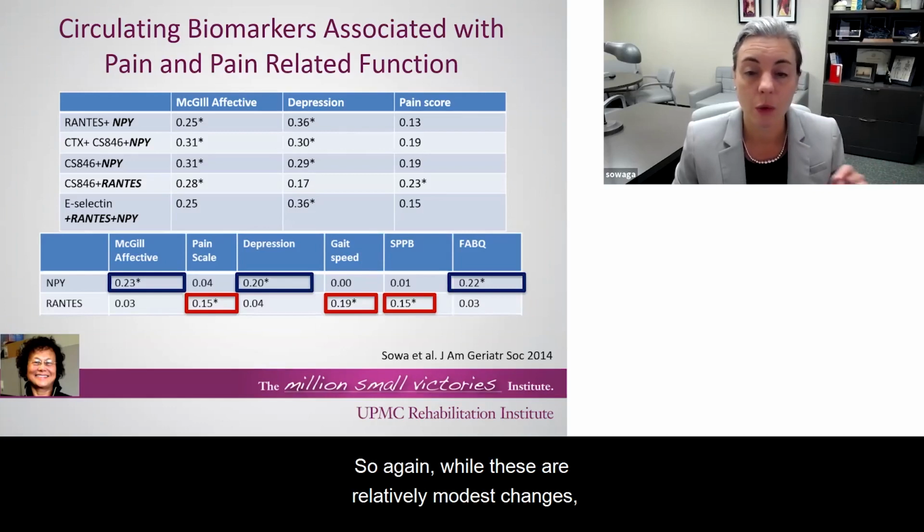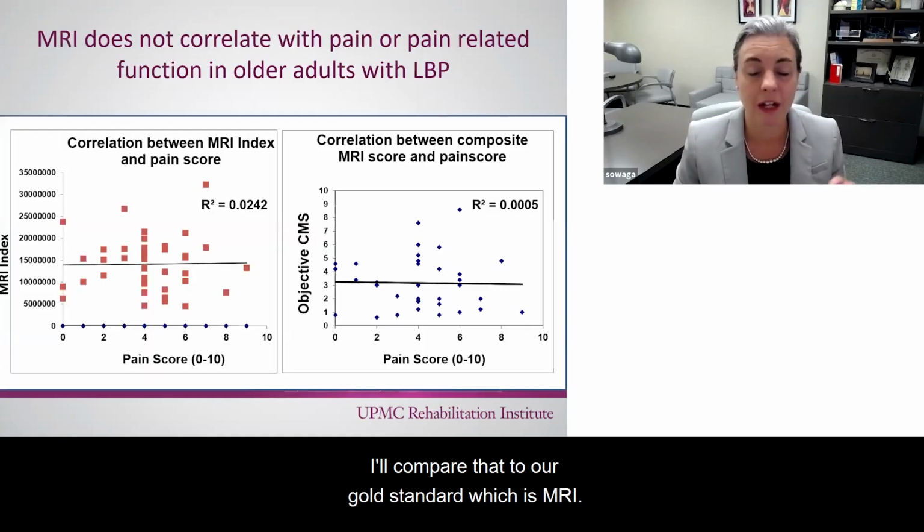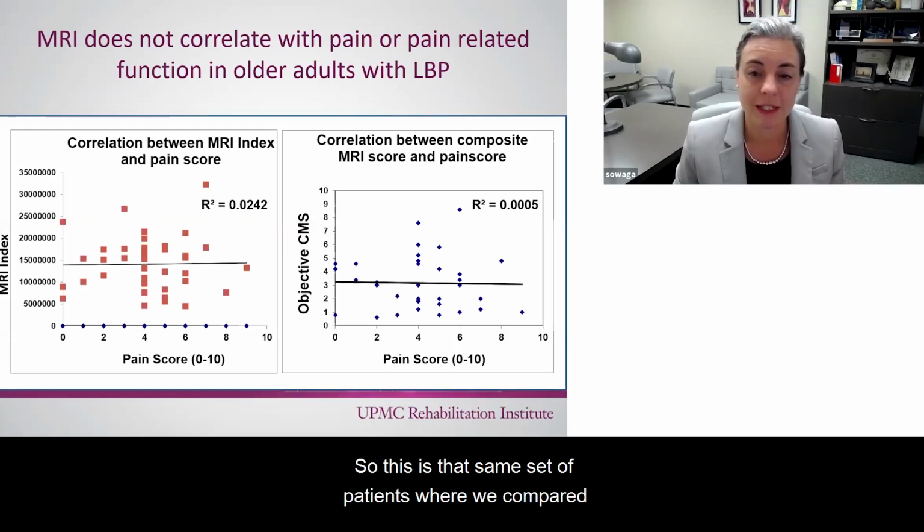So again, while these are relatively modest changes in terms of the overall explanatory power of these biomarkers to their pain and pain-related function, I'll compare that to our gold standard, which is MRI. So this is that same set of patients where we compared their MRI to their pain score.